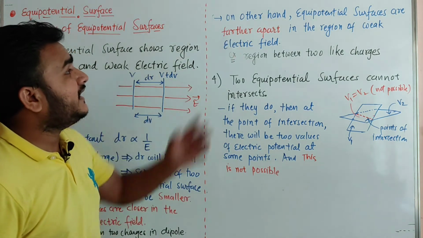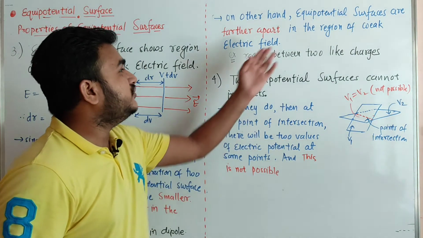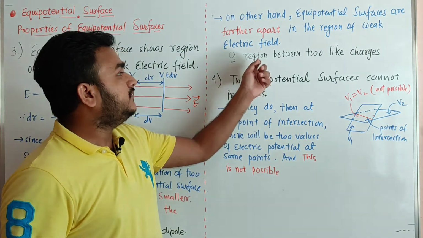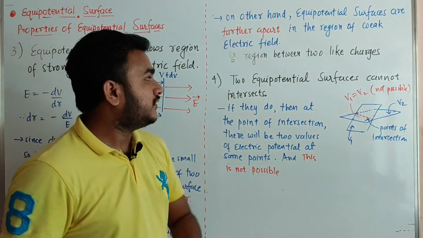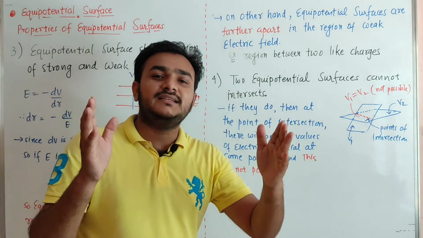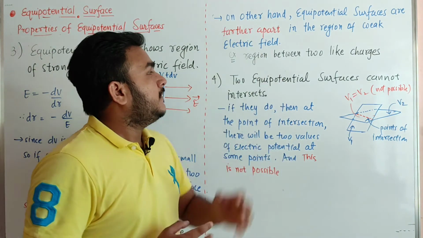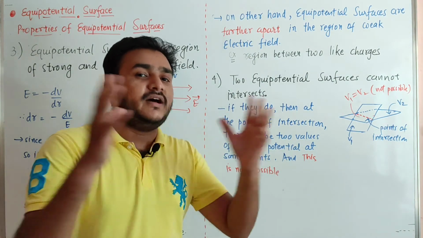On the other hand, the equipotential surfaces are farther apart in the region of weak electric field. This you might have observed in the drawing of the equipotential surfaces between two like charges. In the region between two like charges, the electric field is small, so the separation between the two equipotential surfaces will be farther apart.